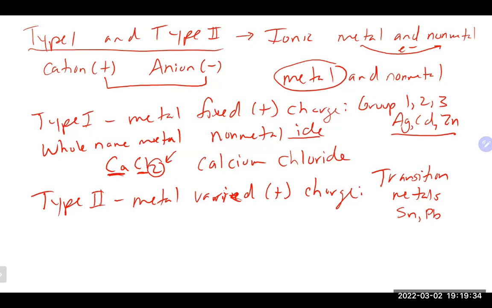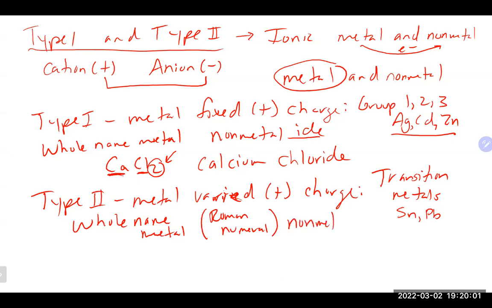The only different thing that we do here is we do have to figure out what the charge is on the metal so we can tell people what we're dealing with. And then we proceed to basically do the same thing. We take the whole name of the metal. We do use Roman numerals here to indicate the charge on the metal, and then the non-metal gets the IDE treatment.